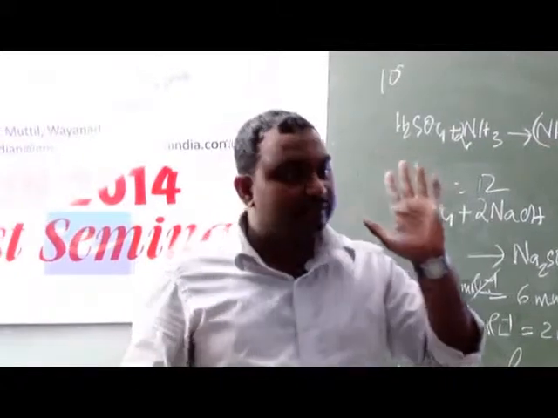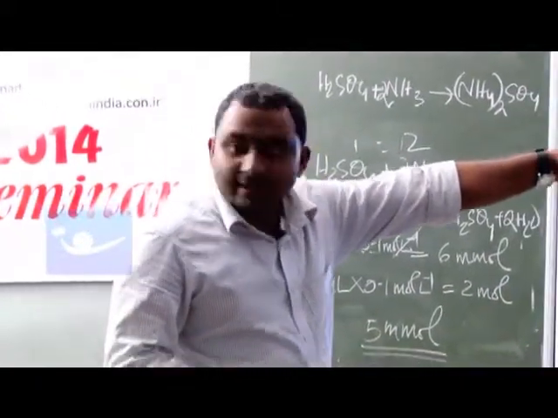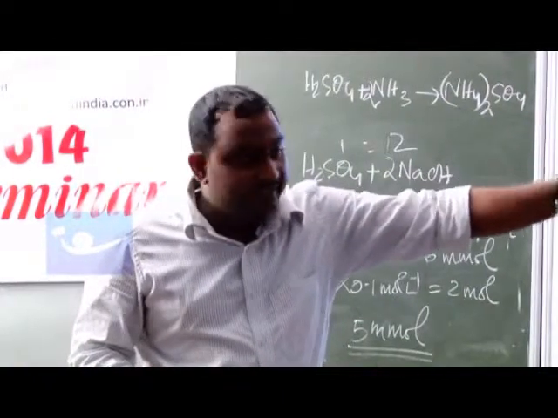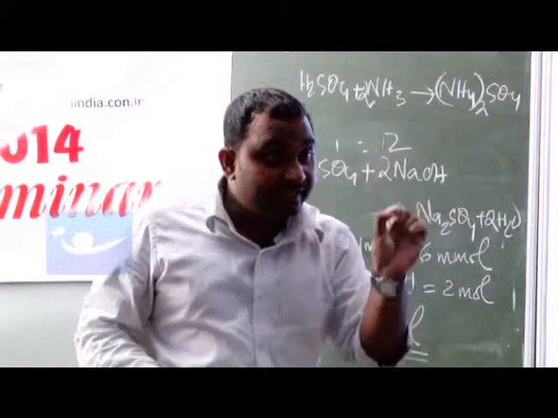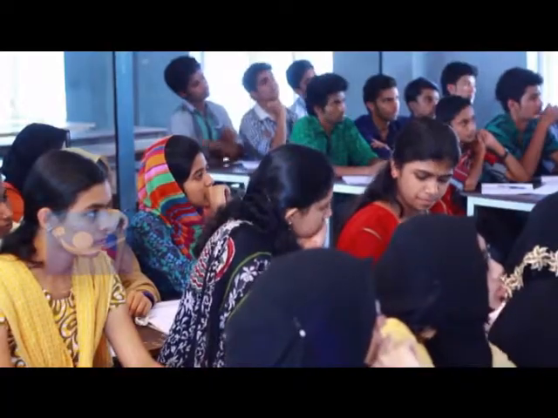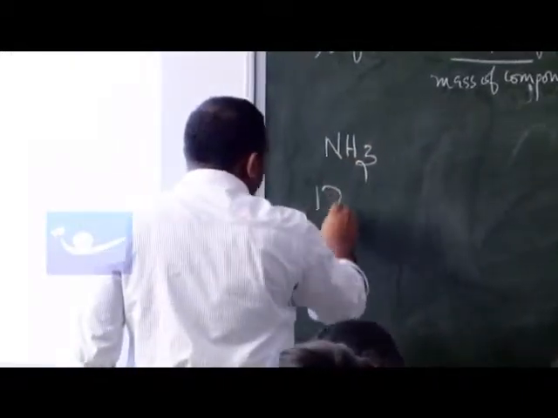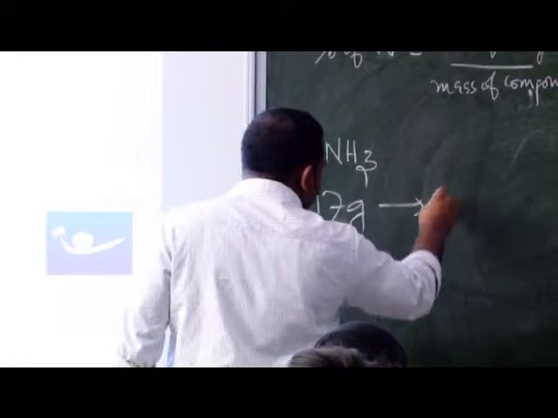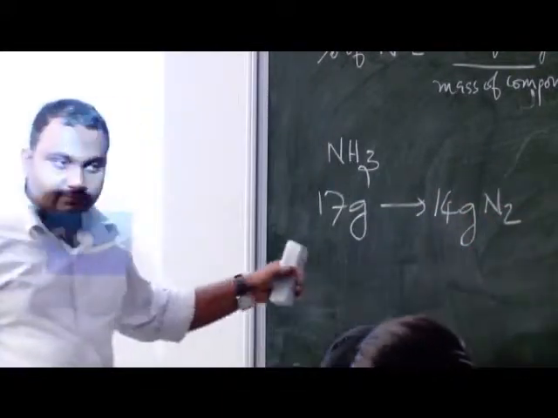10 millimoles of NH3. Then can't you find out the mass of nitrogen? 10 millimole of nitrogen into, what is the mass of nitrogen? 17 gram of ammonia contains, so the NH3 molecular formula is this. So 17 gram of ammonia is equivalent to 14 gram of nitrogen, right?